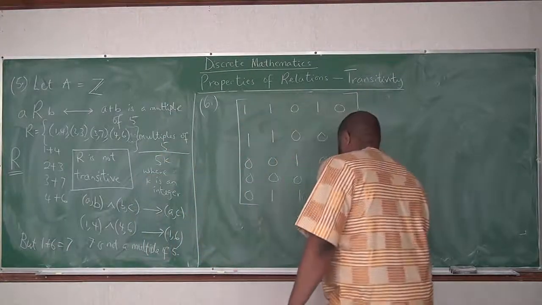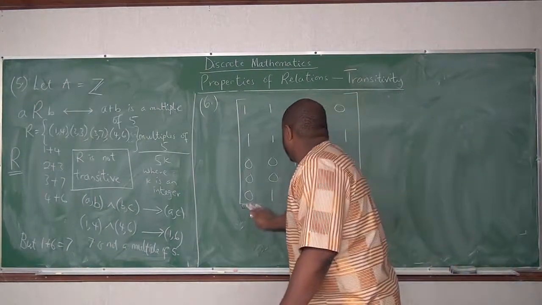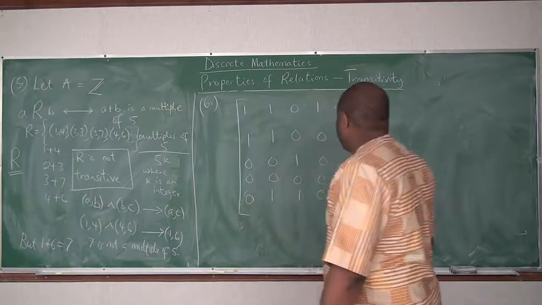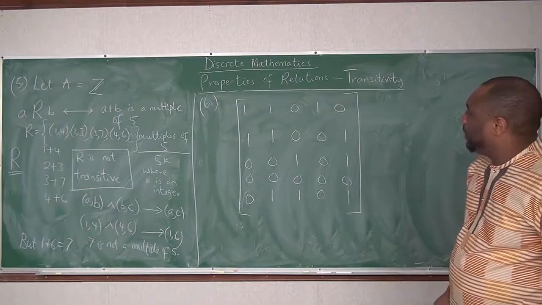Okay, so you have this matrix here. You're asked to find whether it is transitive or not.